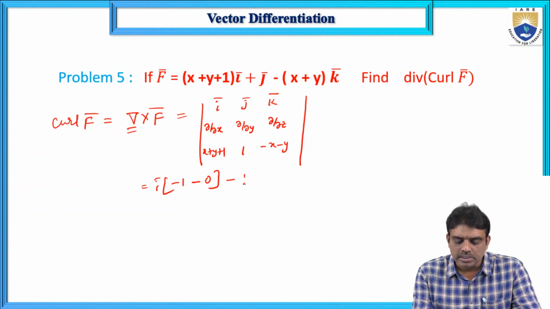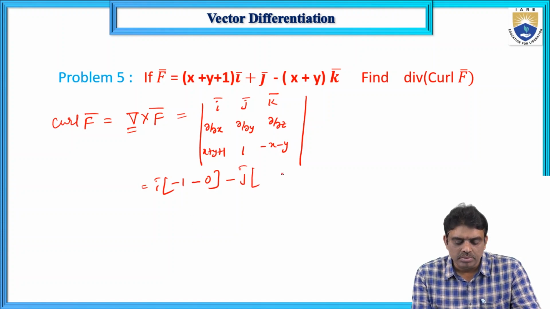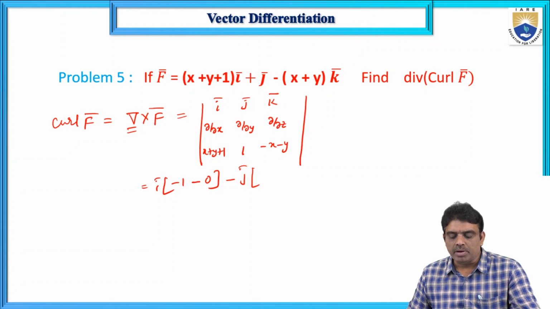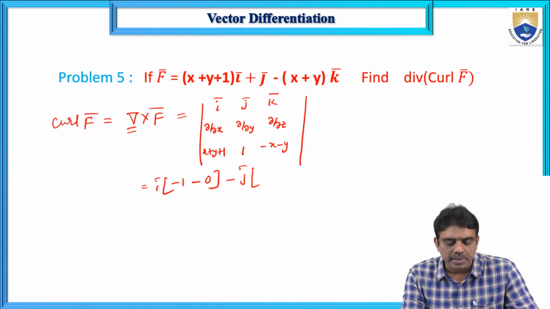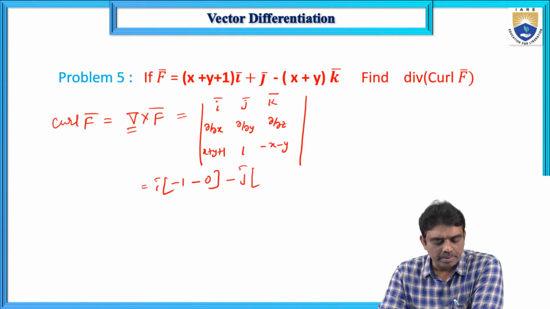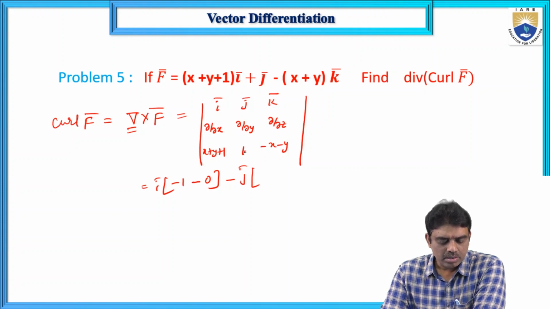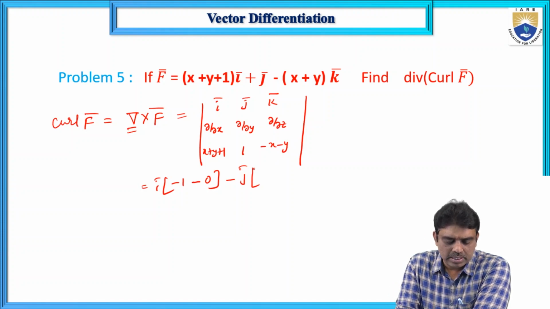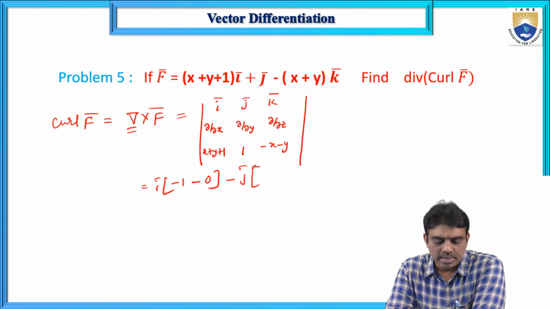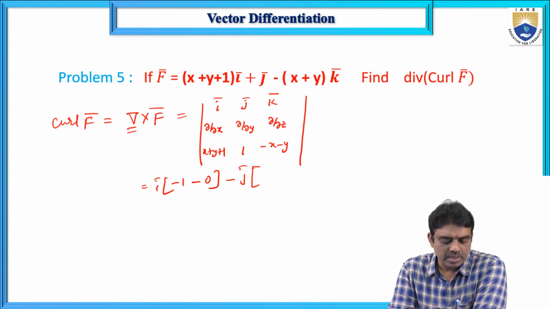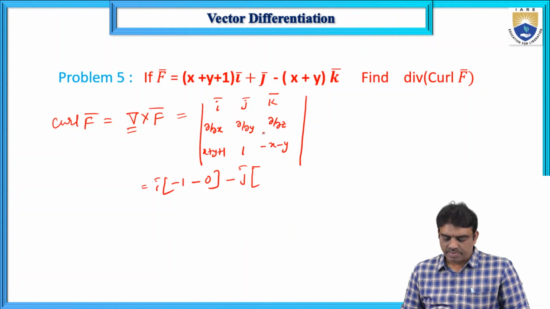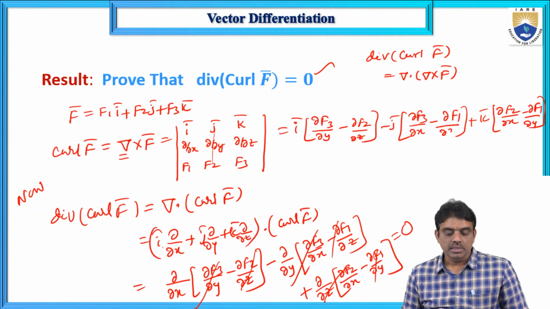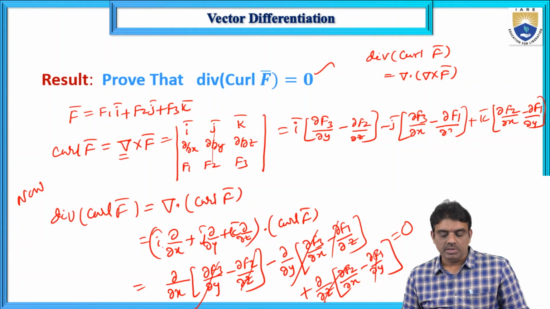Next minus j bar into, the problem may be wrong I think, x plus y plus 1, and 1 minus x minus y. So minus i bar is already there. How will we get div curl F bar? Divergence of curl F bar. I can see that curl F bar is equal to 0.